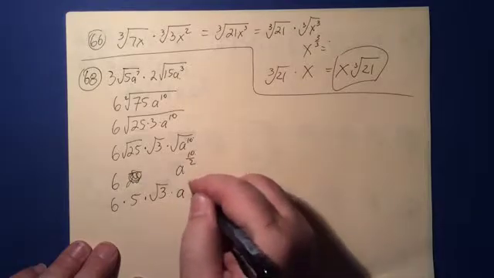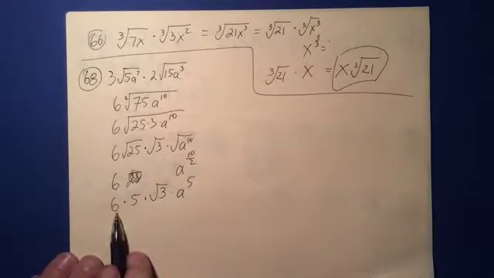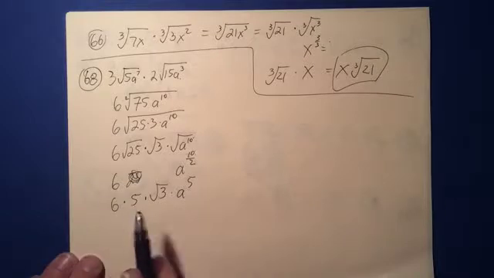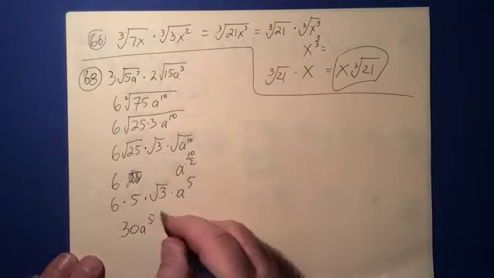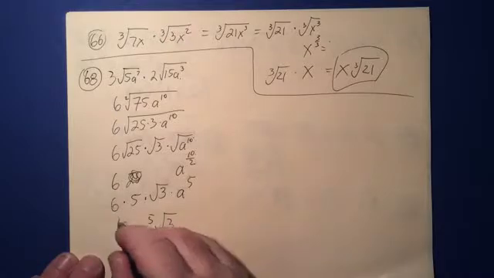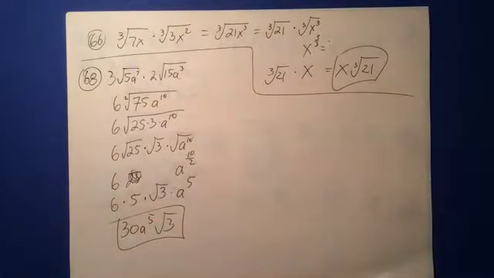I can write this as a to the 5th. I can combine all of this together now. 6 times 5 is 30, a to the 5th times radical 3. And that is as simple as we can get a question like 68.